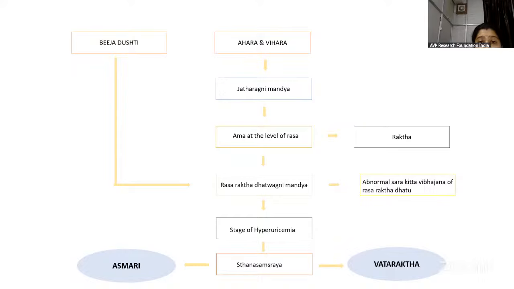We will have ama, or undigested matter, in the stomach, which further vitiates the agni, and it further leads to impairment of the rasa and rakta, that is, the formation of vitiated rasa and rakta. So, in short, improper diet, improper lifestyle, and moreover genetic predisposition factors, all contribute to the formation of this particular disease, which may be correlated to a condition called Vatarakta in Ayurveda.